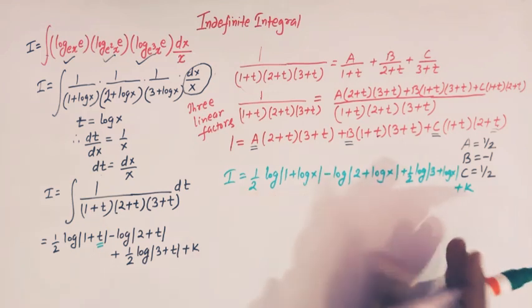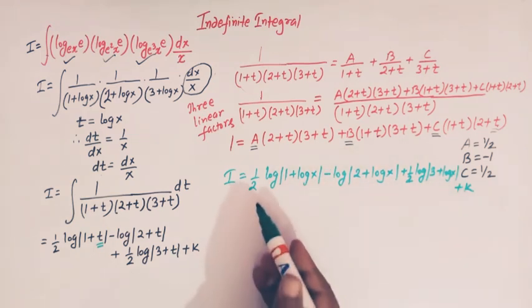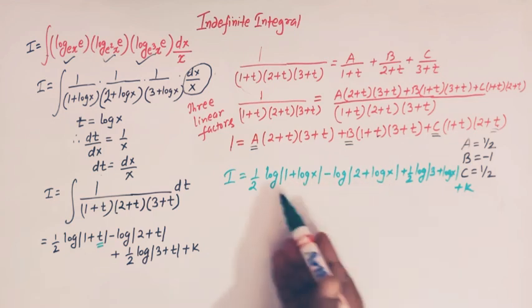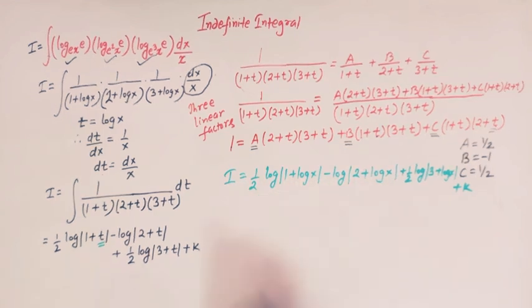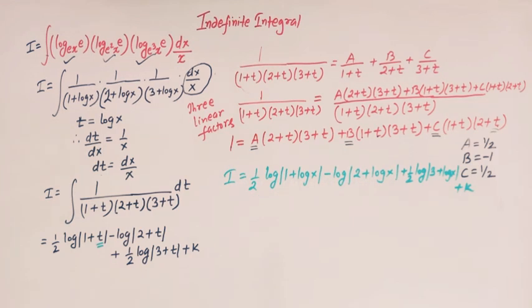So viewers, this is the final result, and we can also simplify it further by making use of the properties of logarithms, right? But we'll accept this result, and this is how we solve this indefinite integral.